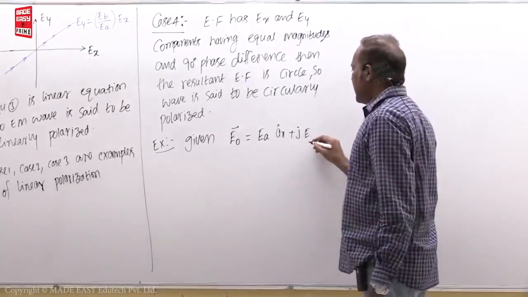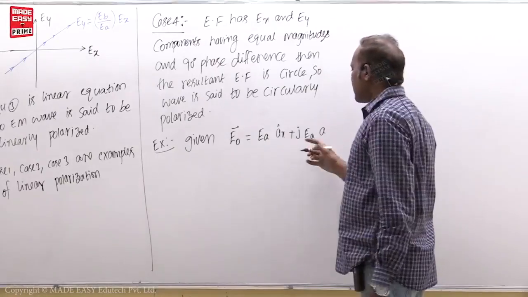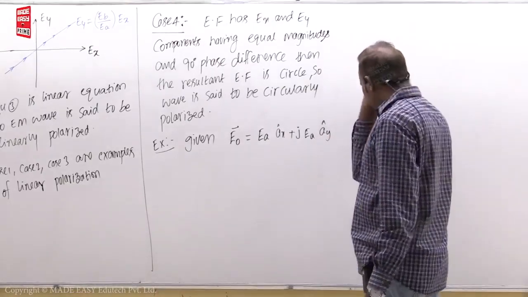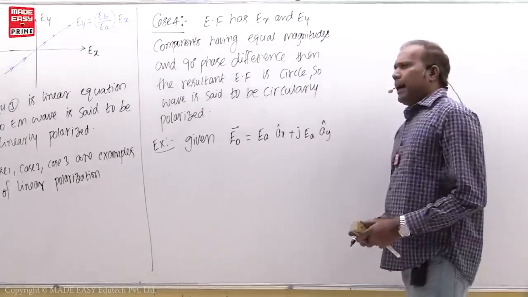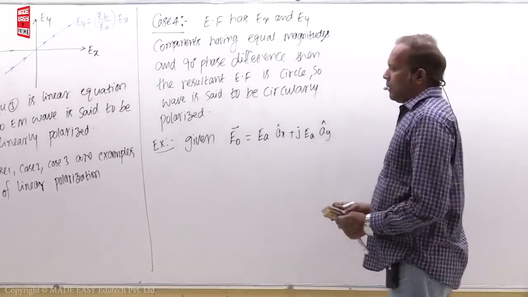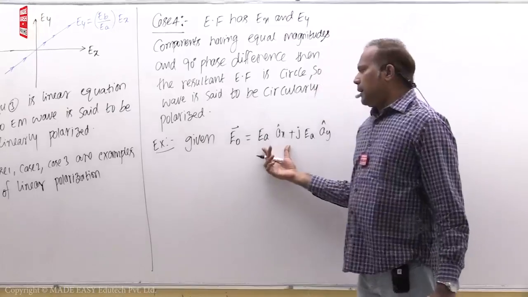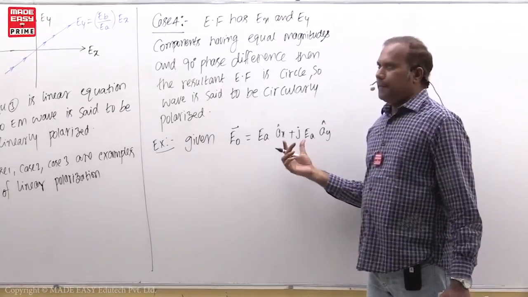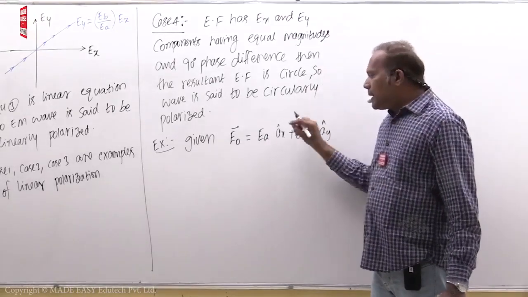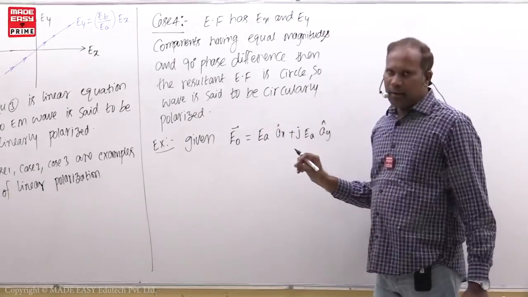Again, the magnitude is the same for both of them. One is the X component, the other one is the Y component. This is only the initial value of the electric field vector that is given.